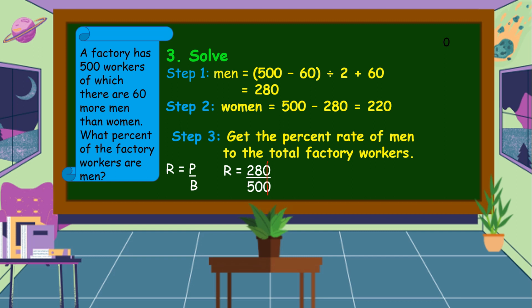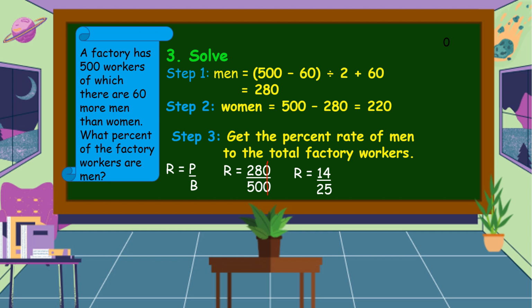Okay, 280 and 500 are both divisible by 10. So, natitira na lang natin ay 28 over 50. So, 28 and 50 also can be reduced to lowest term by dividing 2 both numerator and denominator. So, 28 divided by 2, the answer is equal to 14. 50 divided by 2, the answer is equal to 25.